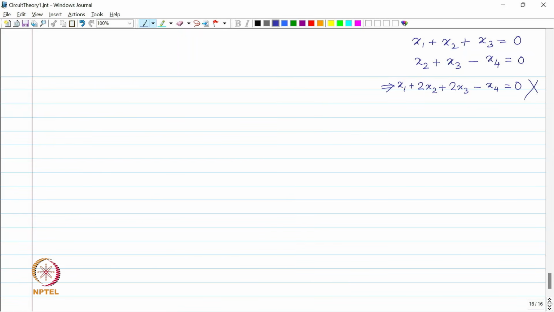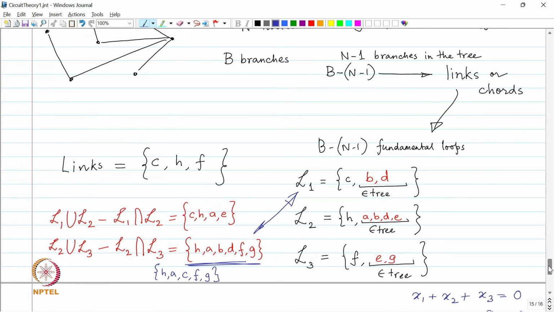We do not need it. I mean it is correct, but we do not require it. When we are solving all the different KVLs, you do not require that extra KVL. All that we are saying is that when we are dealing with these non-fundamental loops, the KVLs that we will get are linear combinations of the KVLs of the fundamental loops.